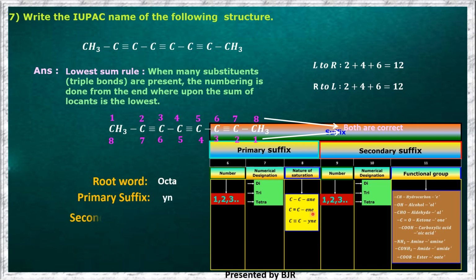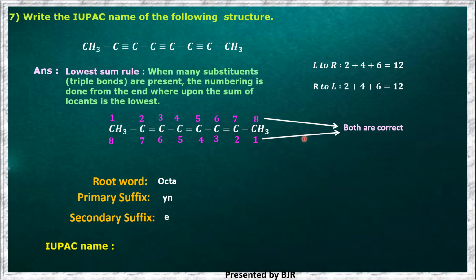And the secondary suffix: in this carbon chain only carbon and hydrogen atoms are there, so it is only a hydrocarbon. For hydrocarbons, the secondary suffix is e. Then the IUPAC name is octa 2, 4, 6 triene. Octa 2, 4, 6 triene. Okay. Thank you.